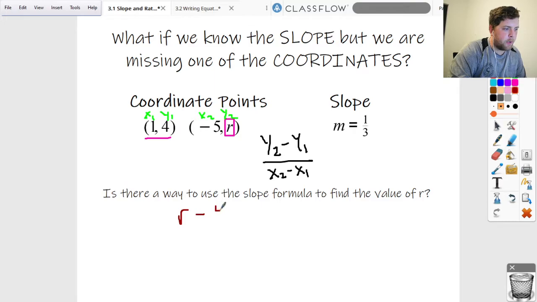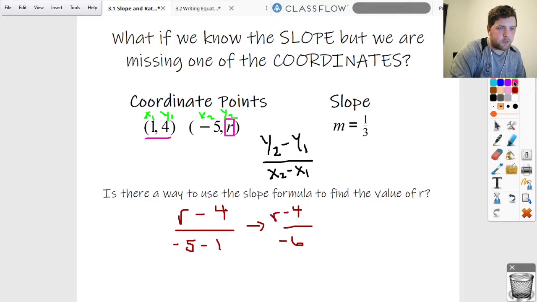So r minus 4 over x2, which is -5, minus 1. -5 minus 1 will give me -6. So I've got r minus 4 over -6.